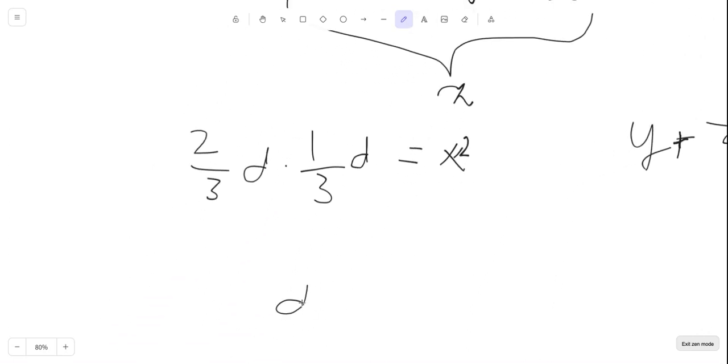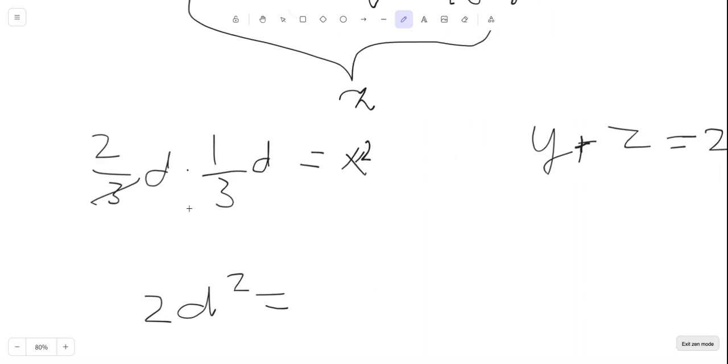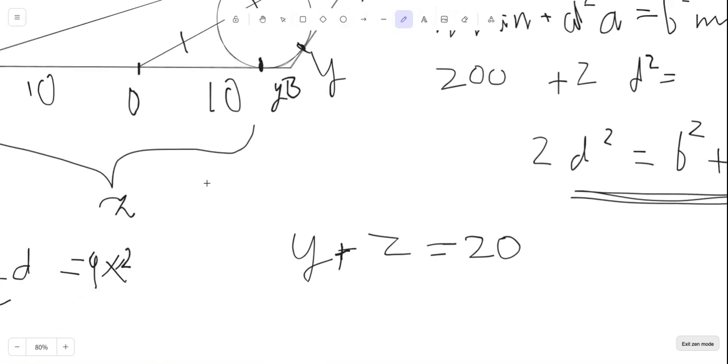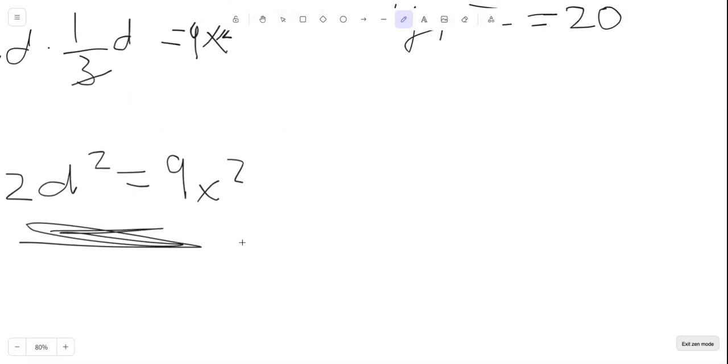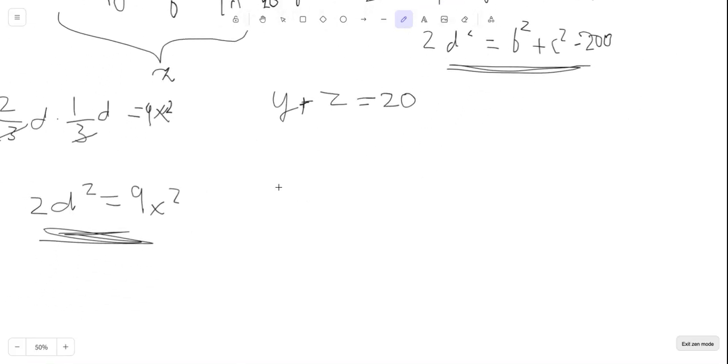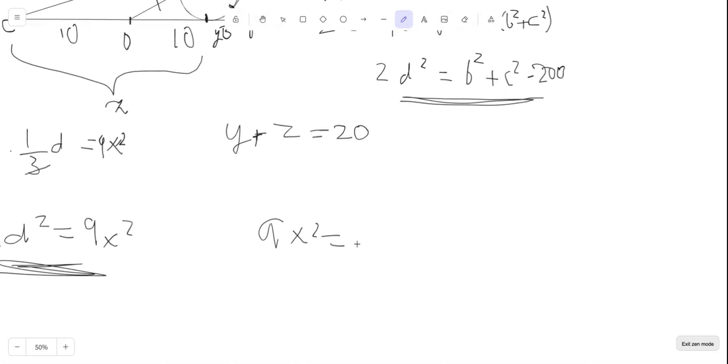So multiplying both sides by 9, 2d squared is 9x squared. The reason I left both these as 2d squared is now they have the same coefficient, so we can easily equate these. So 9x squared equals b squared plus c squared minus 200.